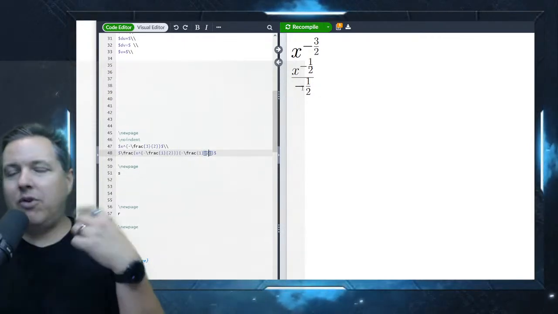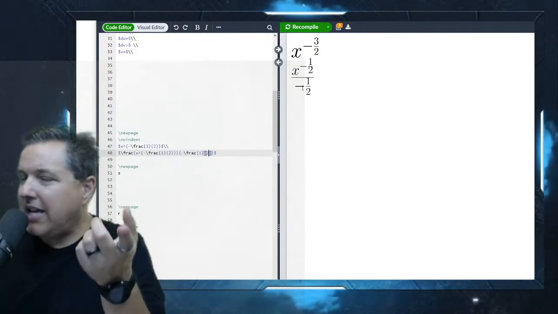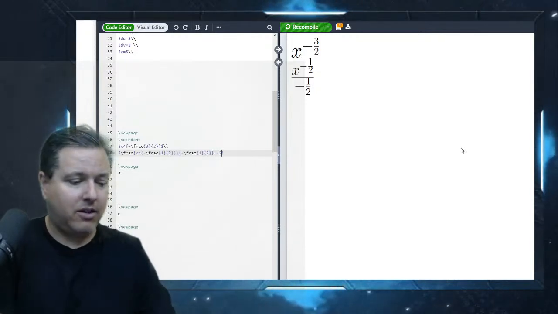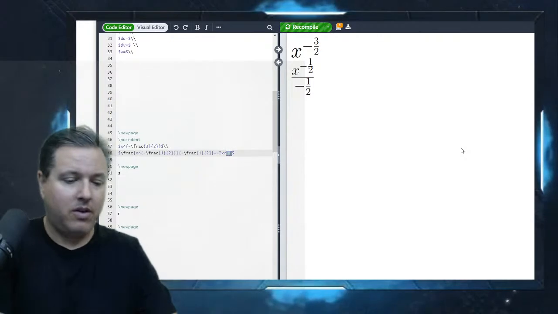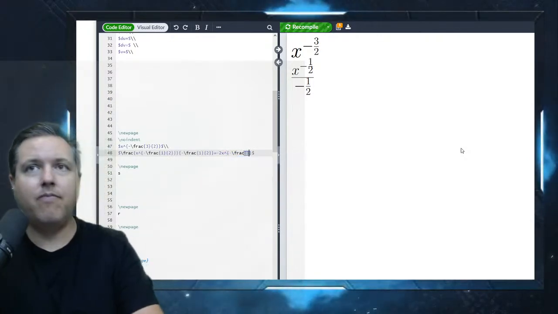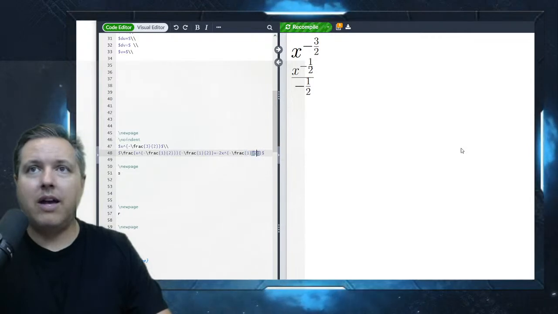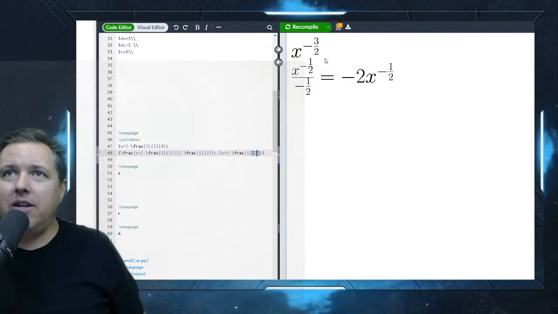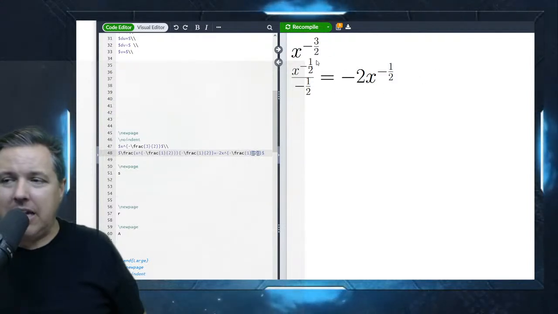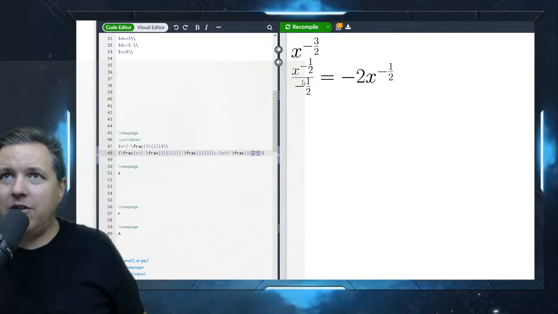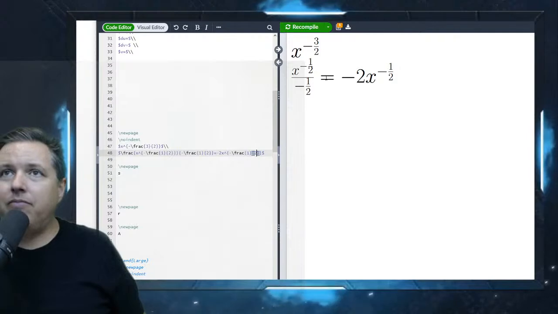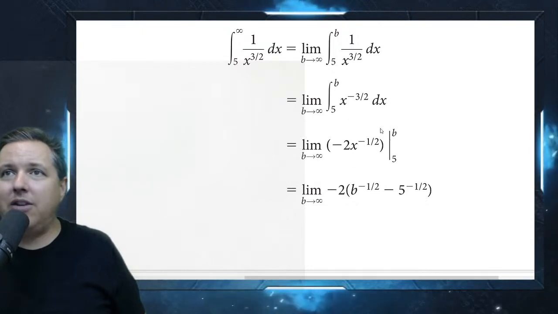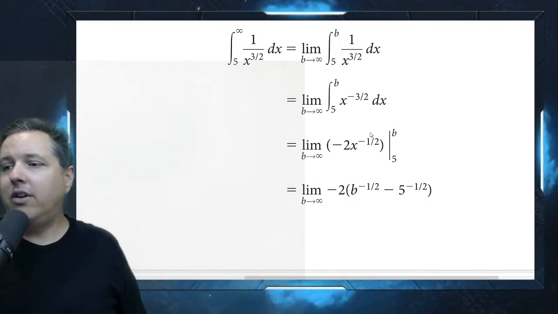But dividing by negative 1/2 is the same as multiplying by negative 2, meaning this equals negative 2x to the negative 1/2. So that's how our integration works: raise the exponent by 1, making it negative 1/2, divide by that new exponent, and dividing by negative 1/2 is the same as multiplying by negative 2. That's where the negative 2x to the negative 1/2 comes from.